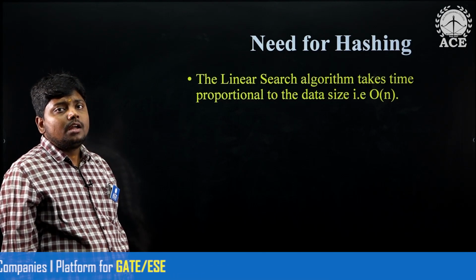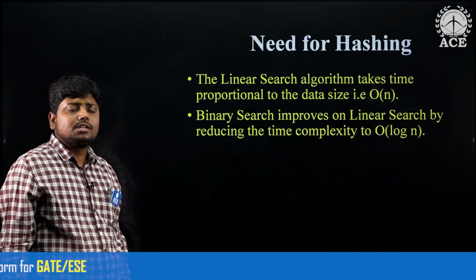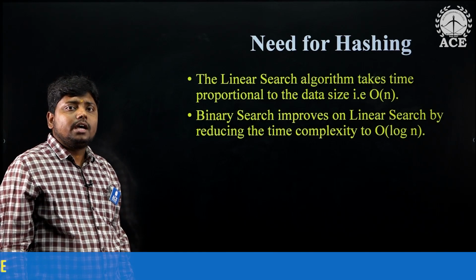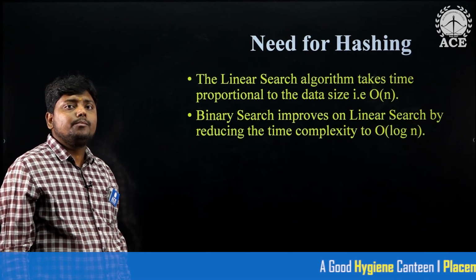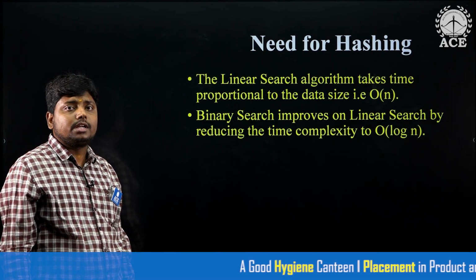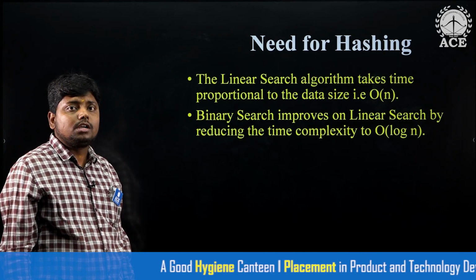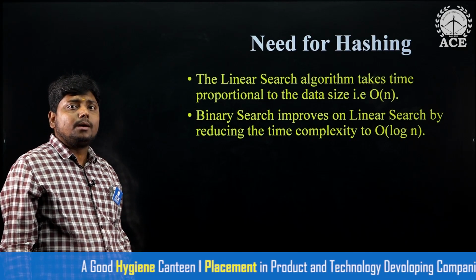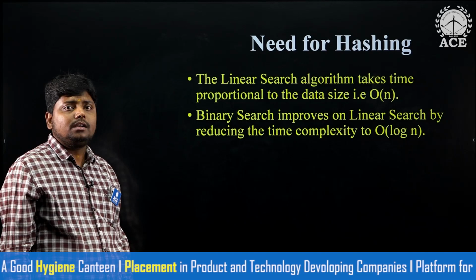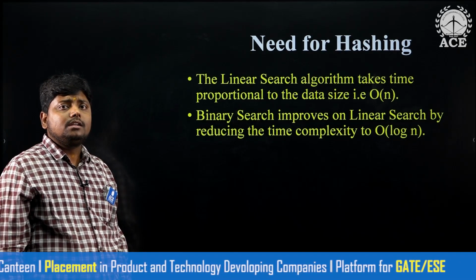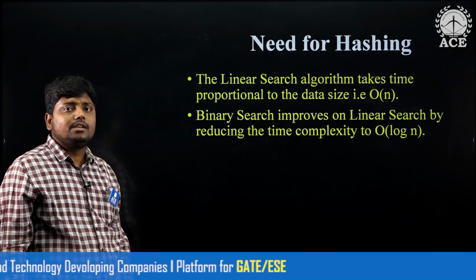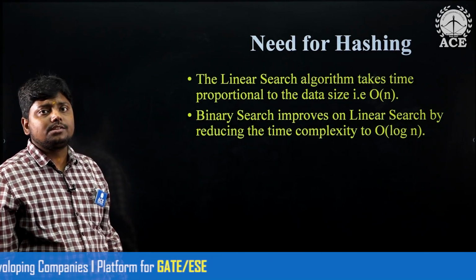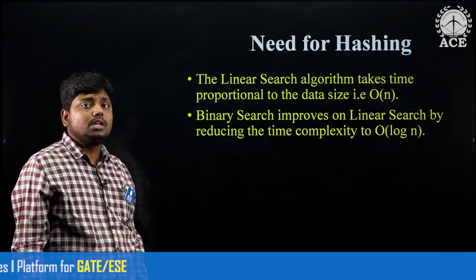Next we have binary search. In binary search, the elements of the list need to be sorted, and the element which we are going to search, also called the key, has to be compared with the mid element. If the key is smaller than the mid element, then we search to the left of the list, or we search to the right.